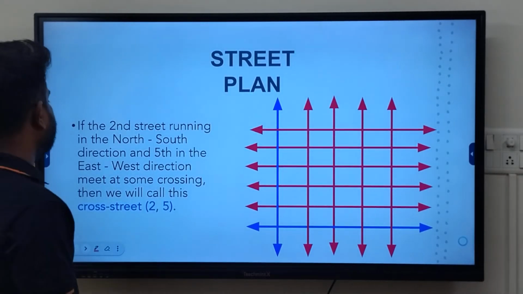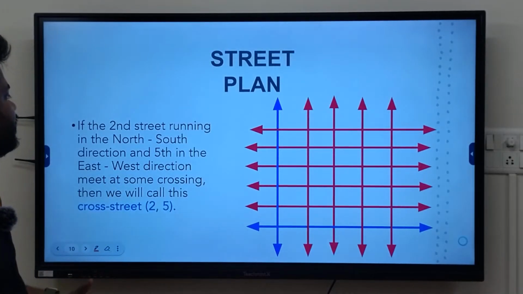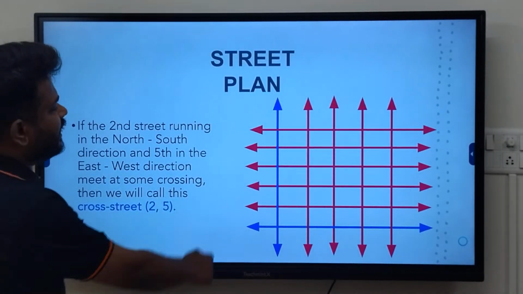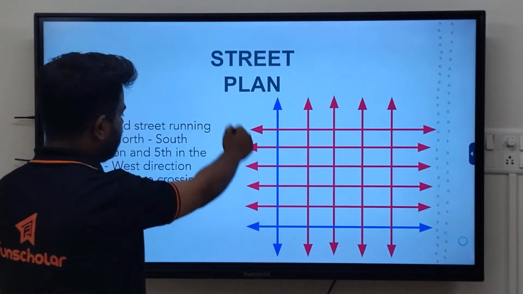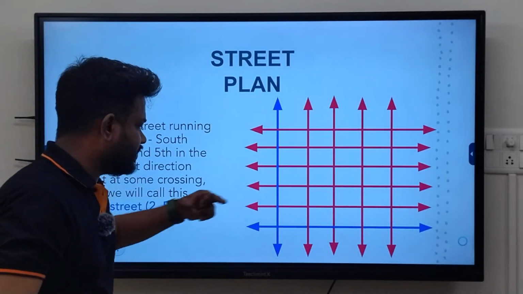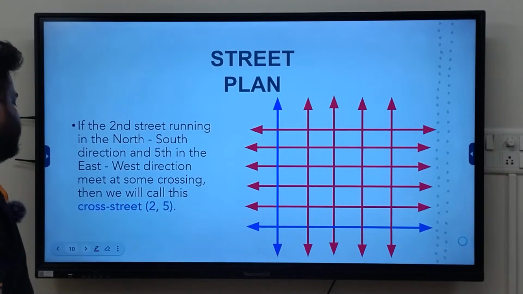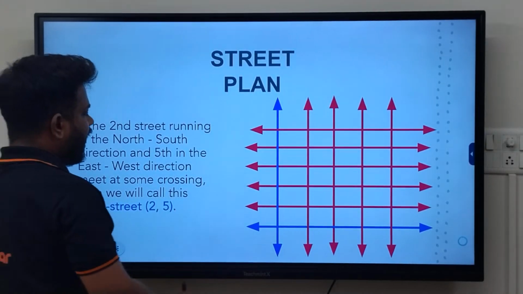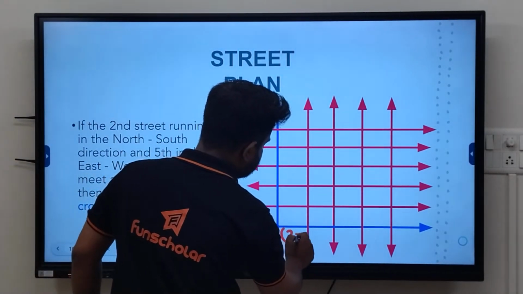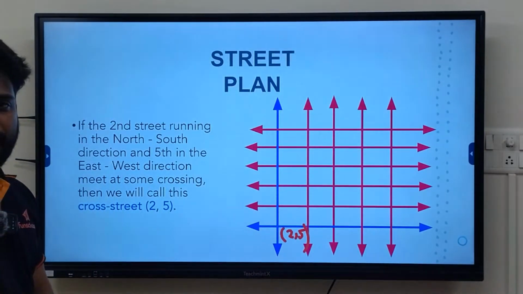So the second street, which is like this, runs in the north-south direction, and the 5th from this runs in the east-west direction, and they are crossing at this point, whose coordinates will be 2 and 5.